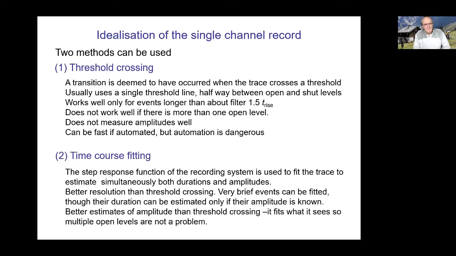It doesn't measure the amplitudes well, and it can be fast if it's automated, but automation is pretty dangerous, I think. With time course fitting, what we do is measure the step response function of the recording system, and it's used to fit the trace.